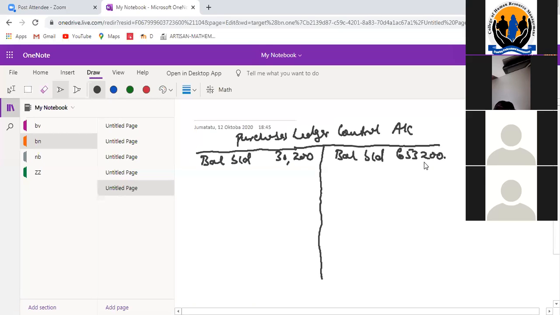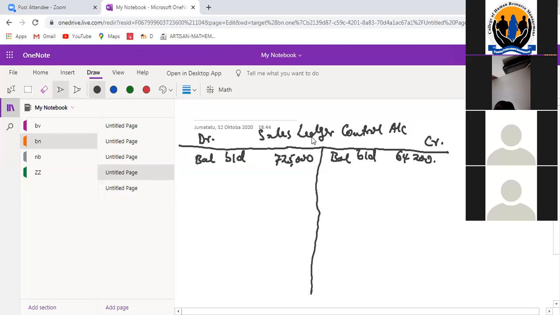We had credit sales of 980,000. Credit sales will come here on the sales ledger control account, and because it is going to increase the debtors, you record it on the debit side. So you come here and you record the credit sales. It was amounting to 980,000. Next.